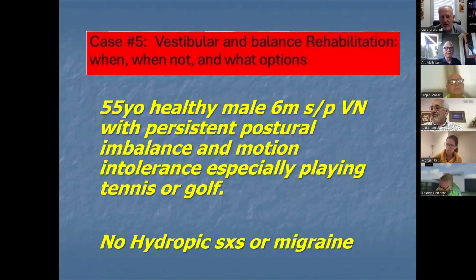Because some of these folks may have a bout of severe vestibular loss, but it may not be a unilateral process. And the last thing that comes to my mind is, is there something from a central standpoint, brain-wise, that's preventing compensation?